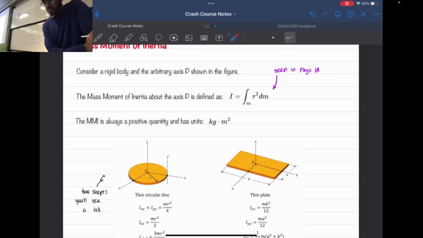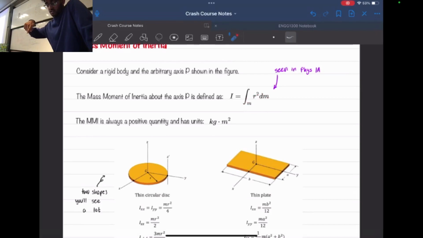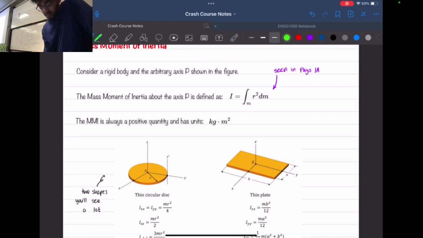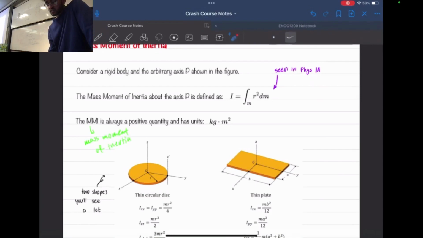The mass moment of inertia about the axis P, or any arbitrary axis, is defined as I equal to the integral of r squared dm, where we're integrating along the mass. This is mass moment of inertia. It will always be a positive quantity, and it has units kilograms meter squared. Okay.